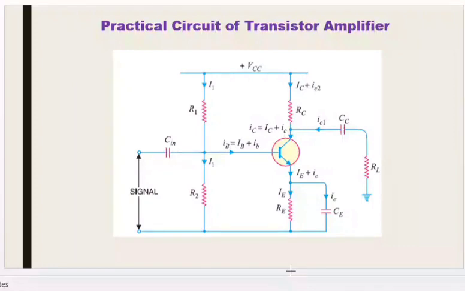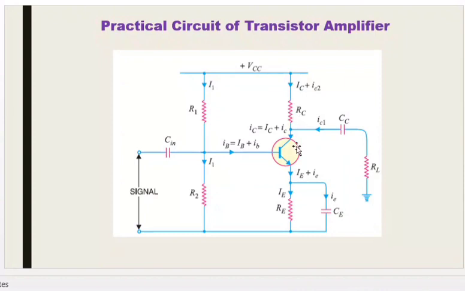The same reason applies here. RC is there, so current will flow here also. If you are taking output through this CC, here we have connected a load resistance, that is the output. So there is a combination between the RC and CC.